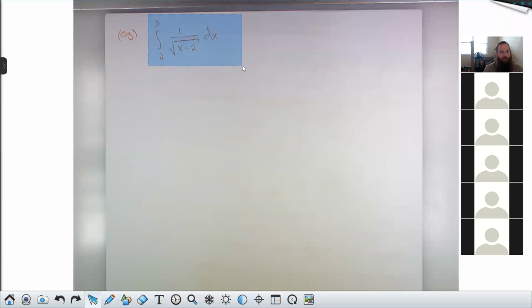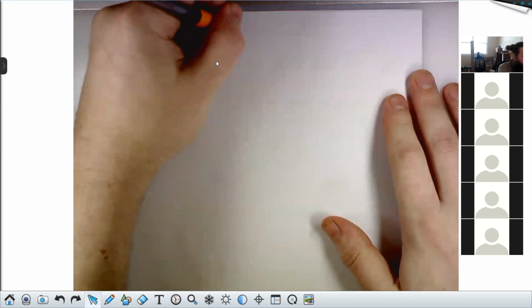This is an improper integral, and the problem is at the lower bound again. Problem could be at the lower bound, could be at the upper bound, could even be somewhere in between. So I have to set this up as a limit.